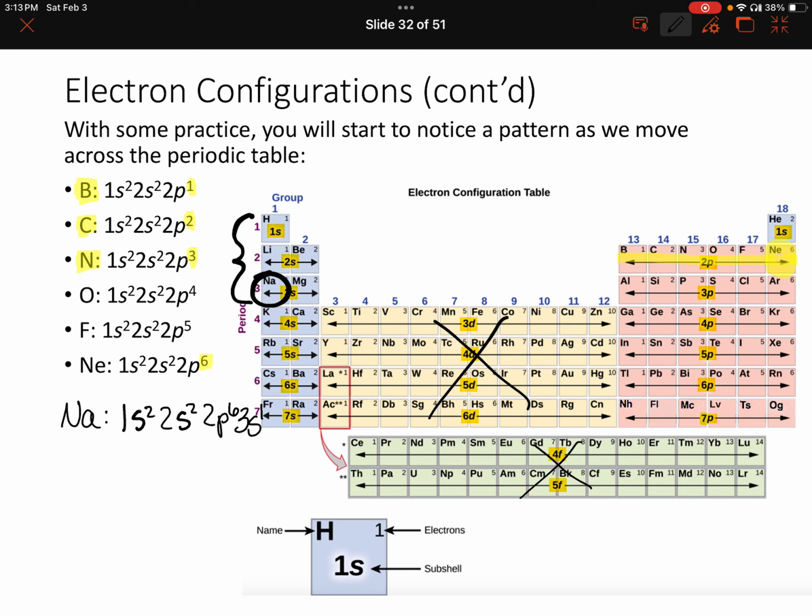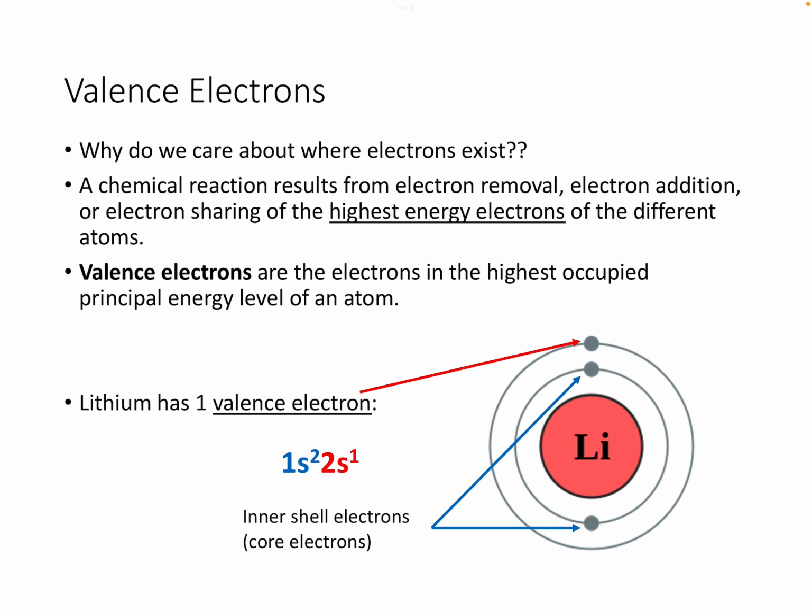So why do we care where electrons exist around the nucleus? What is the big deal? Well, the reason we care is due to something called valence electrons. So in chemical reactions, we're either going to see atoms share electrons or they're going to transfer electrons between each other.